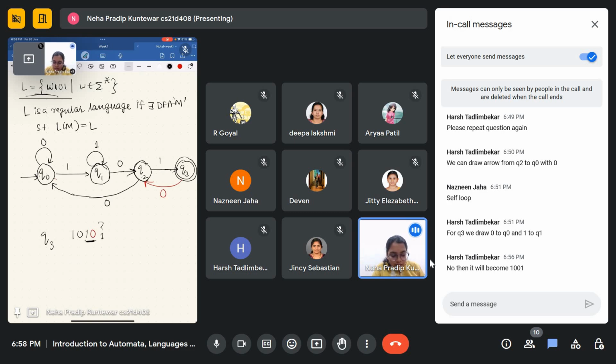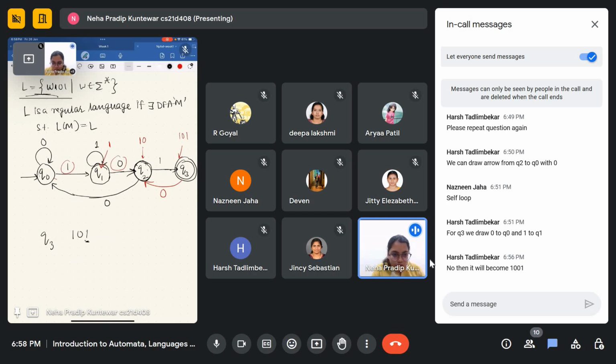The state that captures this is Q2, because you reach Q2 when you have read 10. Q1 captures that you have read a 1, and Q3 captures that you have read a 101. So if you are at Q3 and you see a 0, then you go to Q2, because it's as good as if you read 10.